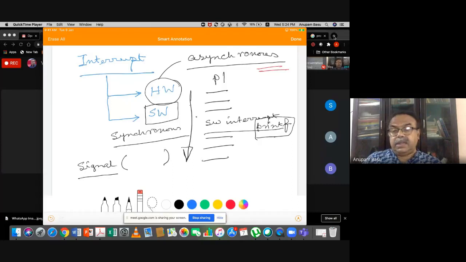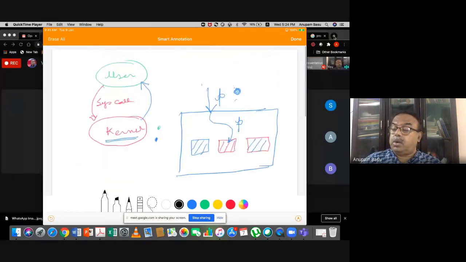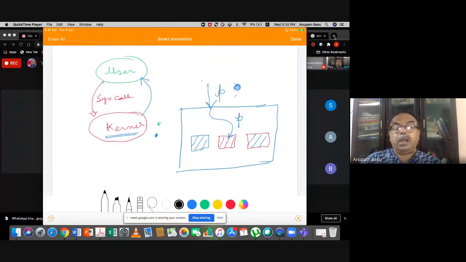If you give that parameter, then a software interrupt will be generated from the user mode to the kernel mode, and the parameters will guide me to the required kernel module, which may be a file handling module, or a device driver, it can be anything.